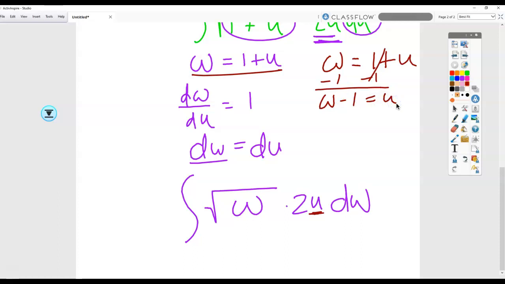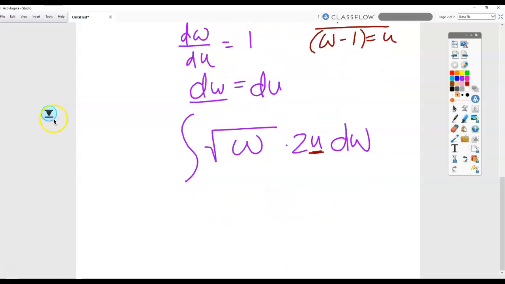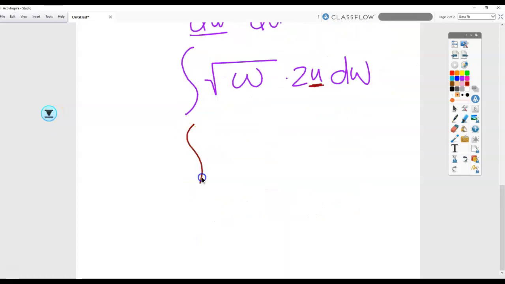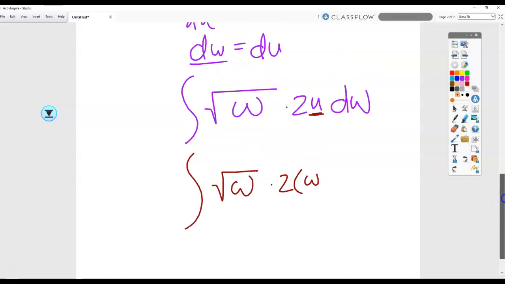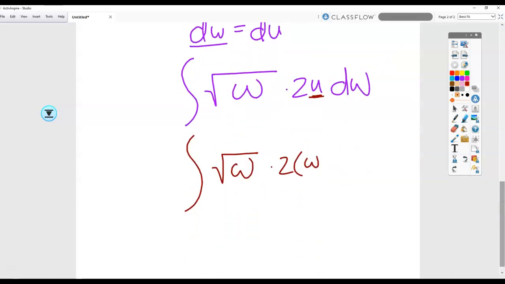So what I'm going to do now is replace u with w minus 1. Crazy. It's all these variables being moved around and whatnot. What did we say it was? It was w minus 1. So I'm replacing this u with what u equals, w minus 1. Now everything's a w. Don't worry, we're getting there.